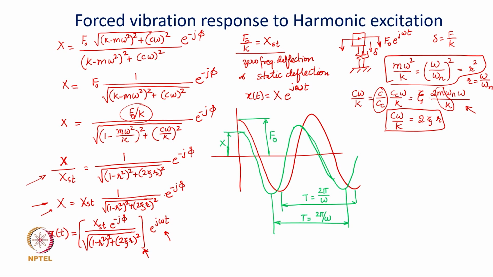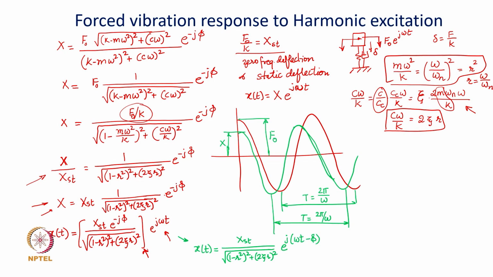So, what I will do is that I will rewrite this expression in a more common standard form, and that is going to be X_ST over square root of (1 minus r square) whole square plus (2 zeta r) whole square, e to the power j (omega t minus phi).